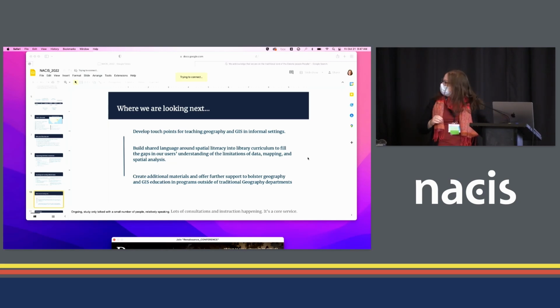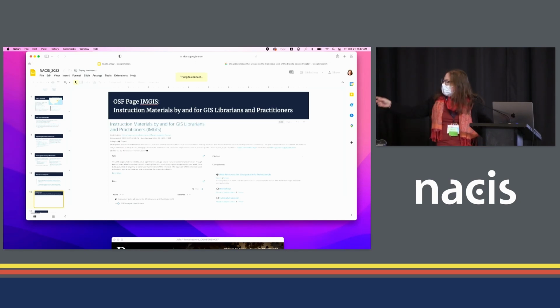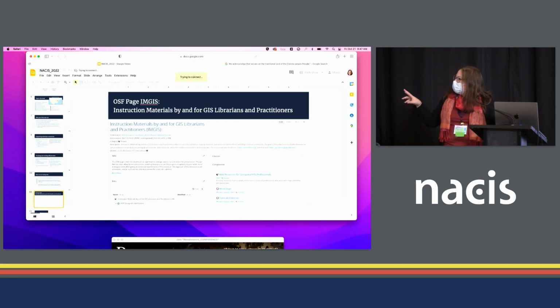Well, one answer to this question is to engage with a resource that we've created as part of a consortium agreement between the role of libraries in geography and GIS education, which is the group I'm speaking at today, but also with a group from NACIS, who's focused on spatial literacy, to build the IMGIS, finally an acronym that I can enjoy and engage with, that looks at how we can make materials available for practitioners, where we can make them open source and engageable.